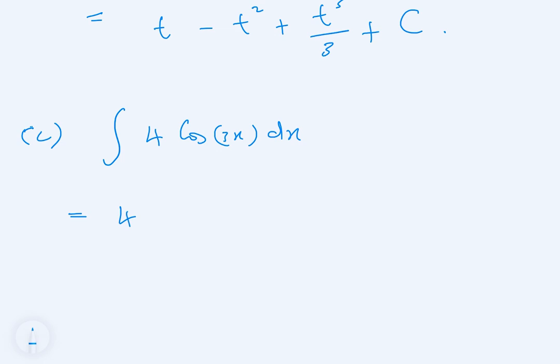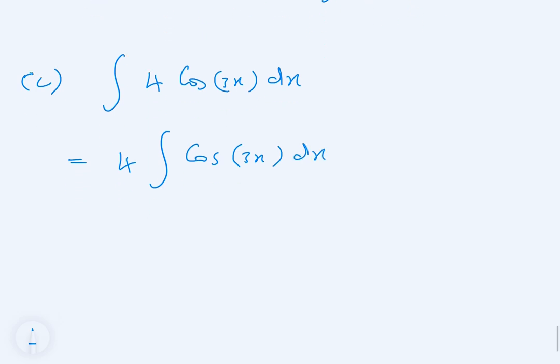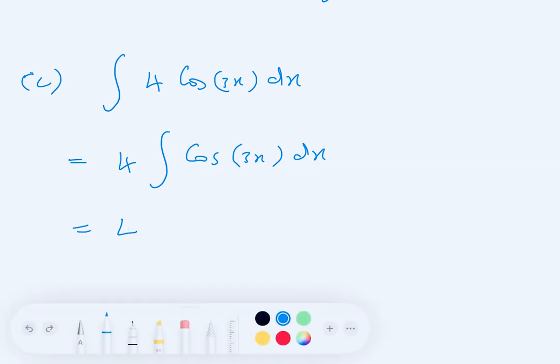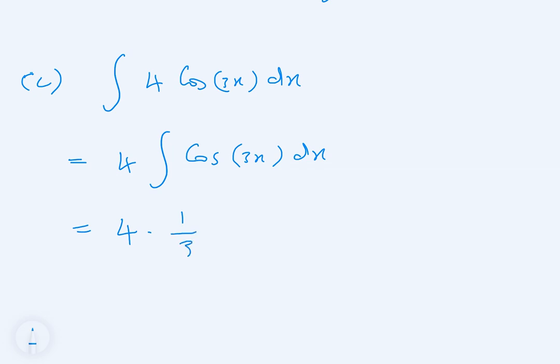So this is going to give you 4 multiplied by the integral of cos of 3x with respect to x. Then you go look at the formula that corresponds to the integral of cos ax with respect to x, and what it says is that this is equal to 1 over 3 sine of 3x plus an arbitrary constant c.